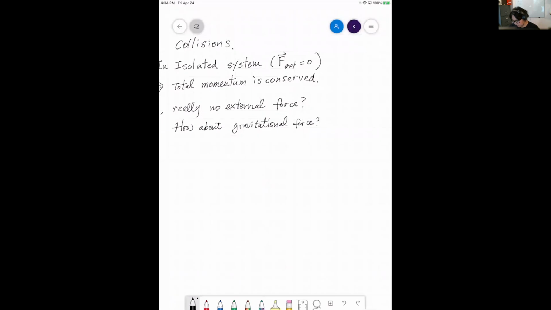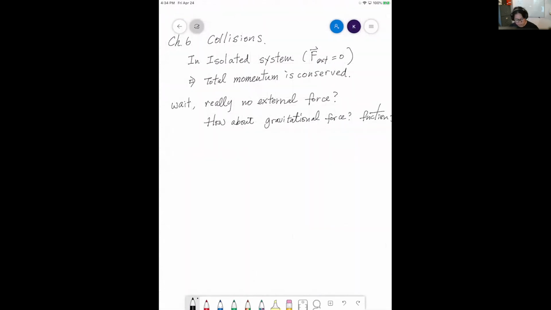How about friction force? How about other kinds of force? Then here, in collision, sorry, just in collision, one M, in collision.